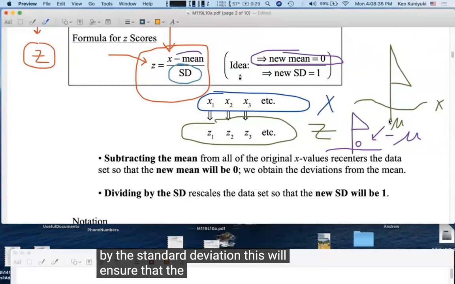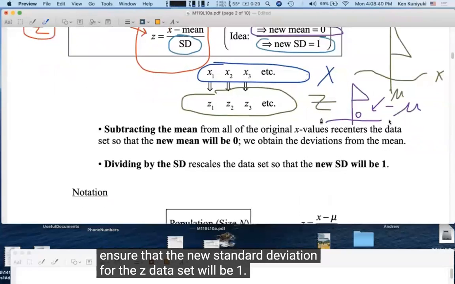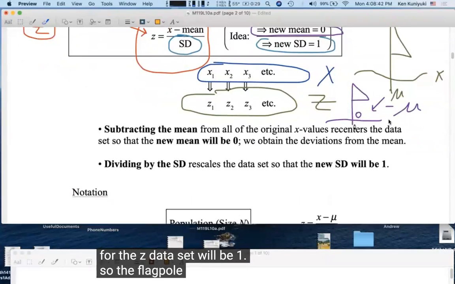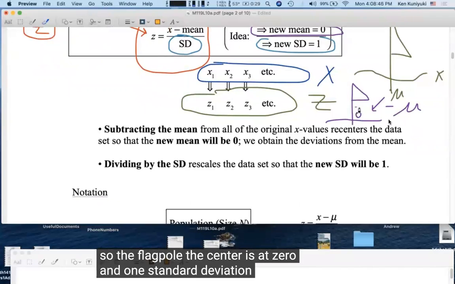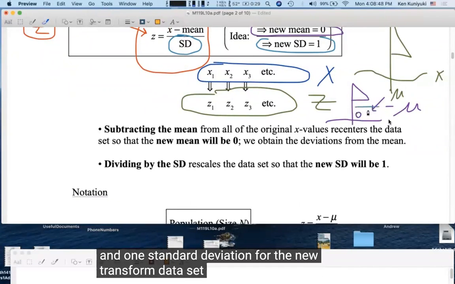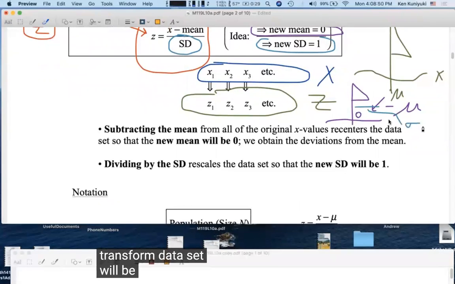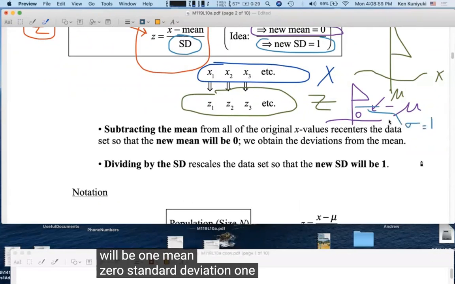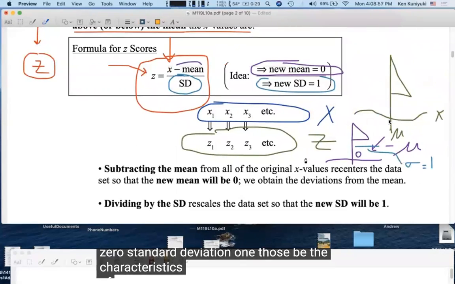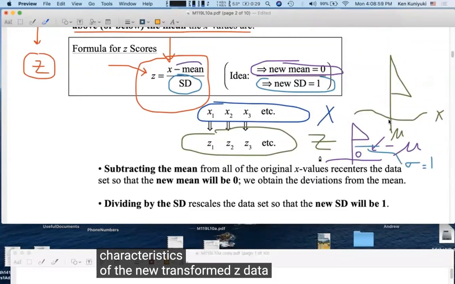This will ensure that the new standard deviation for the Z data set will be 1. So the flagpole, the center, is at 0, and 1 standard deviation for the new transformed data set will be 1. Mean 0, standard deviation 1. Those will be the characteristics of the new transformed Z data set.